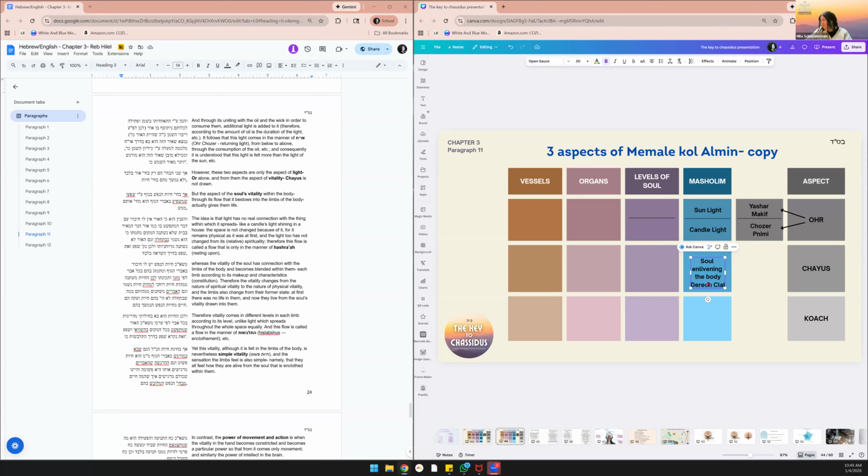Okay, that's going to be derech klal. Now we need a mashal. Okay, we need another something that will show that it actually goes into particular, right?